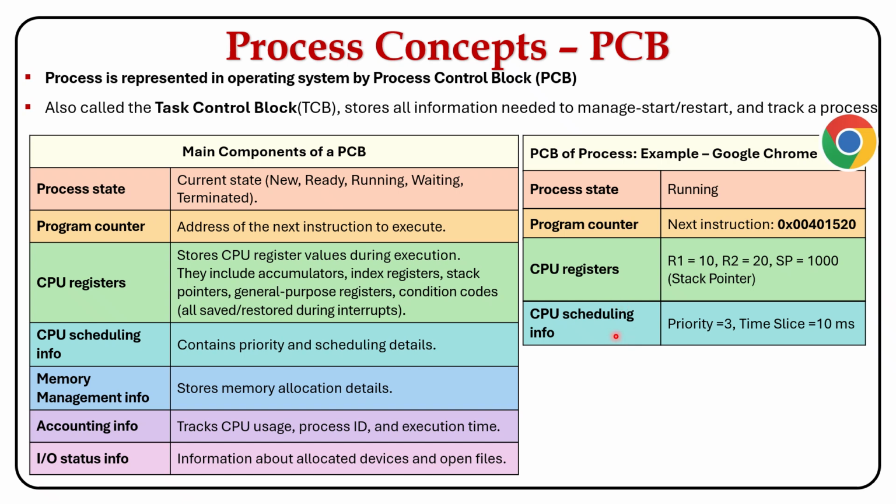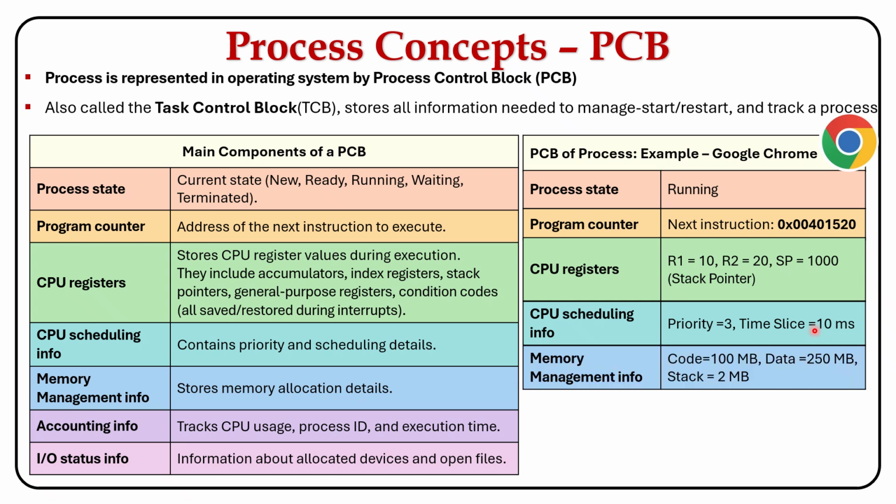In this example, Chrome has a priority of 3 and it gets a 10 millisecond time slice before the CPU switches to another process. The next is memory management information. This stores the details about memory allocated to Chrome. Here, the code uses 100 MB, data uses 250 MB, and the stack uses 2 MB.